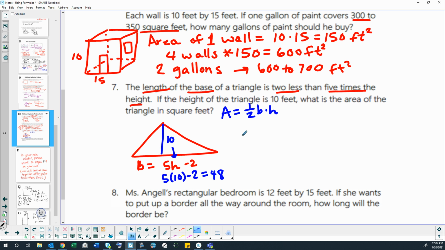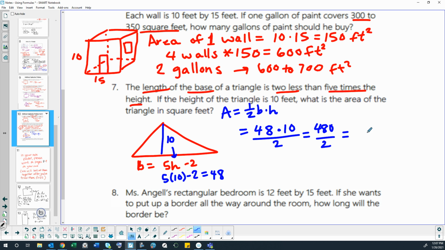Does that make sense? So now to do the actual problem, we're going to multiply the base and the height together. Doesn't matter what order, but I'm going to keep them in the order I've written them. So the base times the height, 48 times 10, and then divide that by 2. So 480 divided by 2.